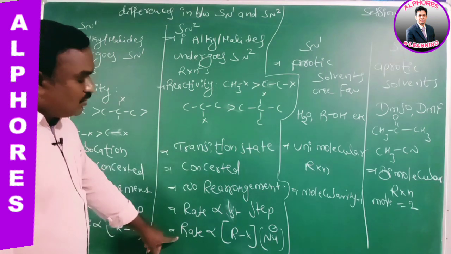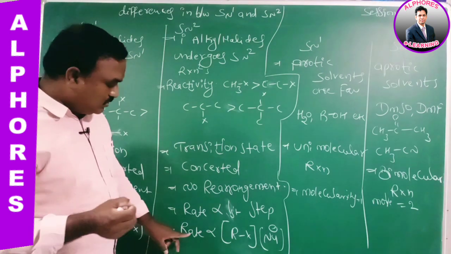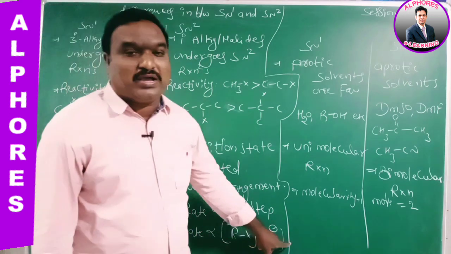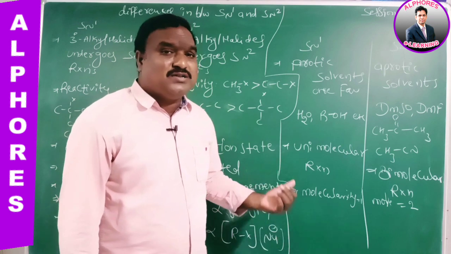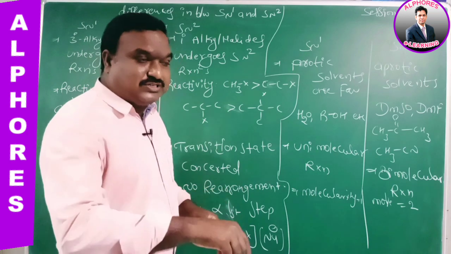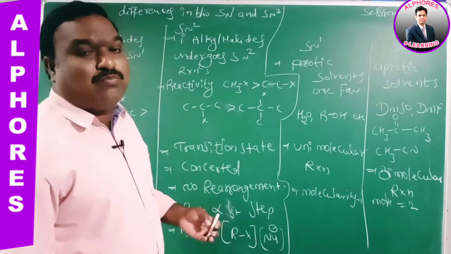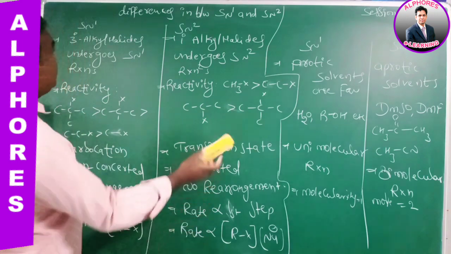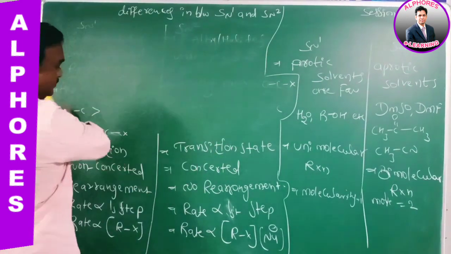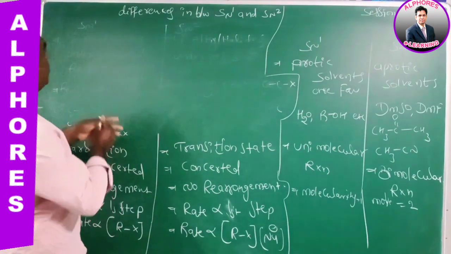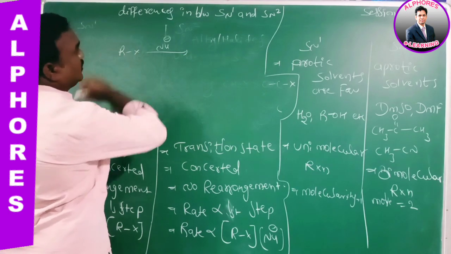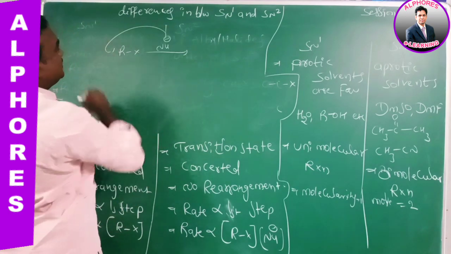Wherever a bimolecular nucleophilic substitution reaction is given, the rate is directly proportional to the alkyl halide and the nucleophile. In bimolecular nucleophilic substitution reactions, the first step is the bond formation step, the nucleophile attacking step.